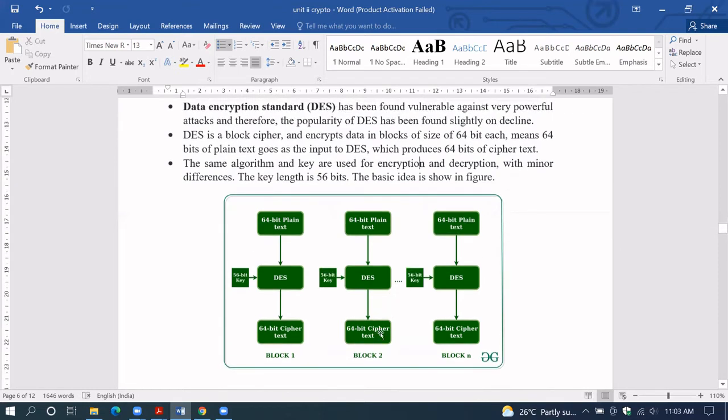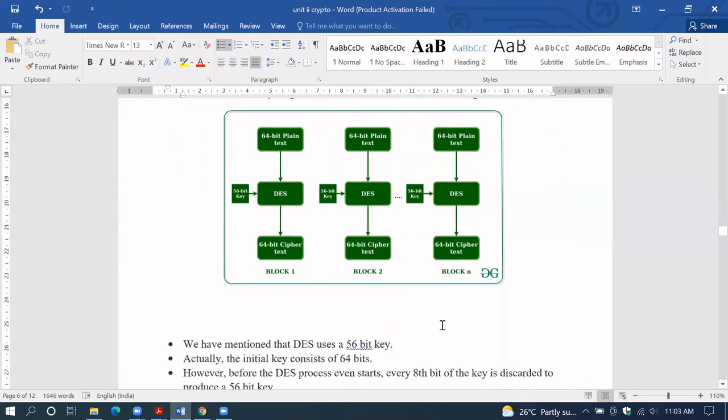So if you see here, block 1, block 2 up to block n, different blocks it is divided into, or you can say rounds. Okay, the plain text is sent to this DES with the 56-bit key, converted to a 64-bit ciphertext, and it keeps on for each and every block.